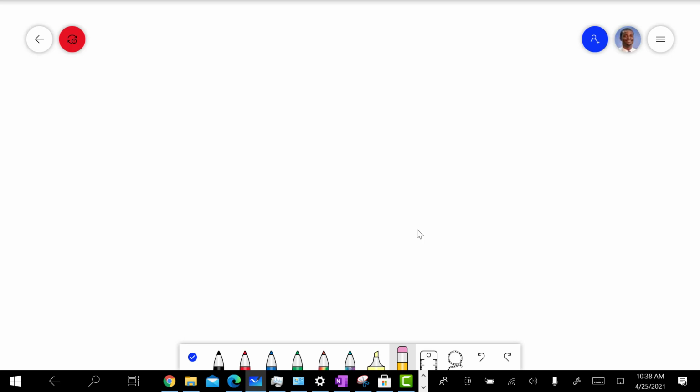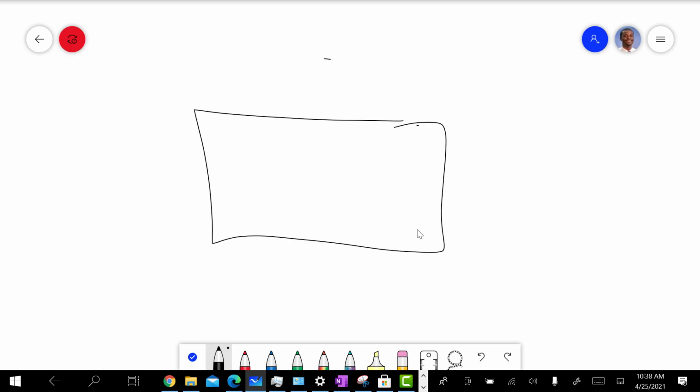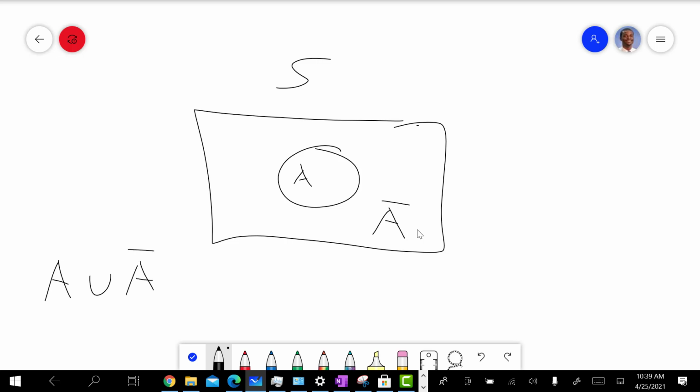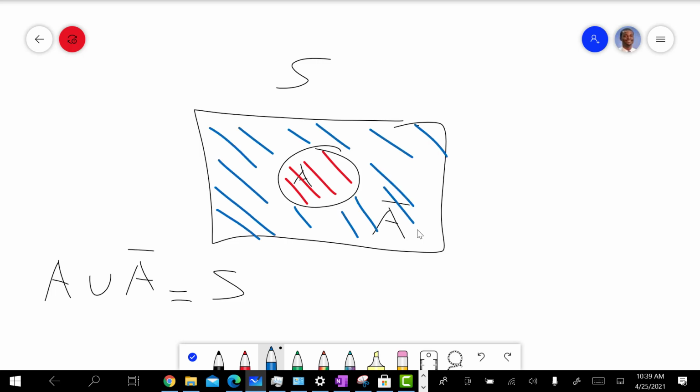If I have this universe S and a set called A, the complement of A is A bar, meaning whatever is not A. From this chart, A union A bar, meaning elements of A, elements of A bar, or whatever belongs to both, is S. Because A is this portion here, and A bar is anything that doesn't belong to A, and when you consider both together, that gives you the whole universe S.